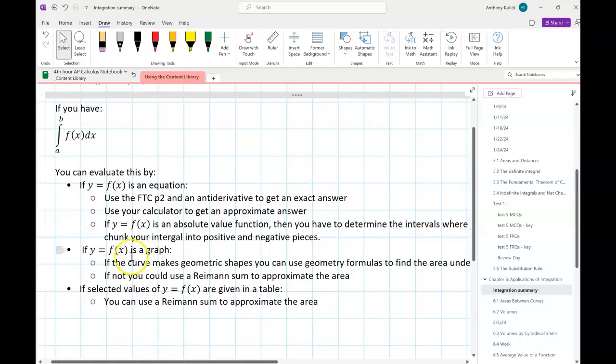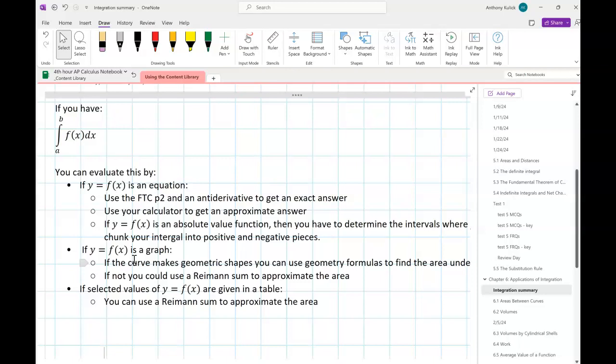If your f of x is a graph and that curve makes geometric shapes like rectangles, triangles and circles, you can use your geometry formulas and look at the area under the curve, chunk by chunk, and break it up into as many little sub-pieces as you need to. That can give you an exact answer, right? If you're using geometry formulas to find areas under the curve.